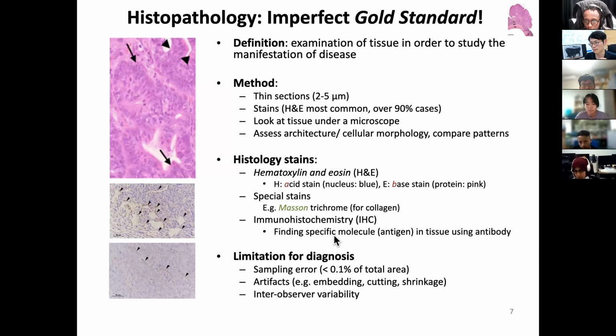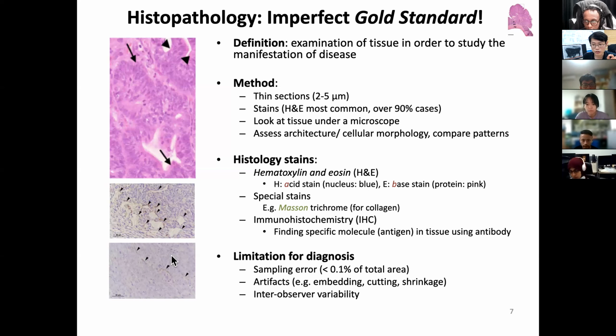Also, if you are interested in a specific molecule or protein in tissue, then you use an antibody, and that's immunohistochemistry. And I have to say, this is more like an art. At BMSC, we have a number of laboratories which can do this. This is not easy, and very expensive.